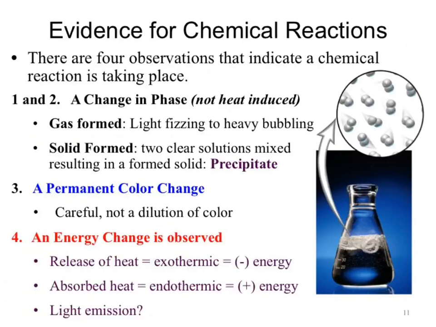Okay? The biggest one, so your textbook broke this down into 4 rules, though I would argue rule 1 and 2 are the same. What we're looking at is a change in phase. Okay? With one big caveat in that. The change in phase cannot involve you adding or subtracting heat.